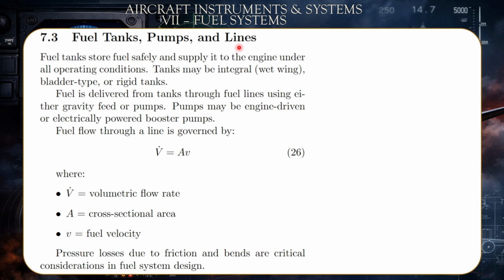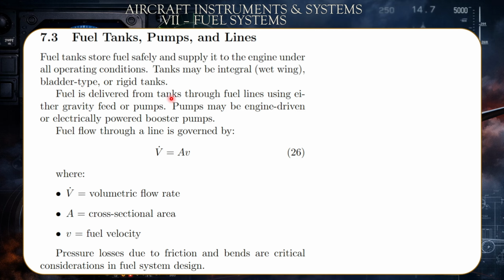Fuel tanks, pumps, and lines. Fuel tanks store fuel safely and supply it to the engine under all operating conditions. Tanks may be integral, so a part of the wet wing, bladder type, or rigid tanks.